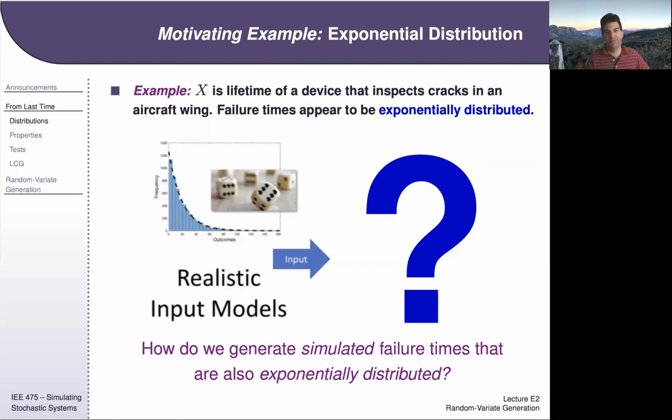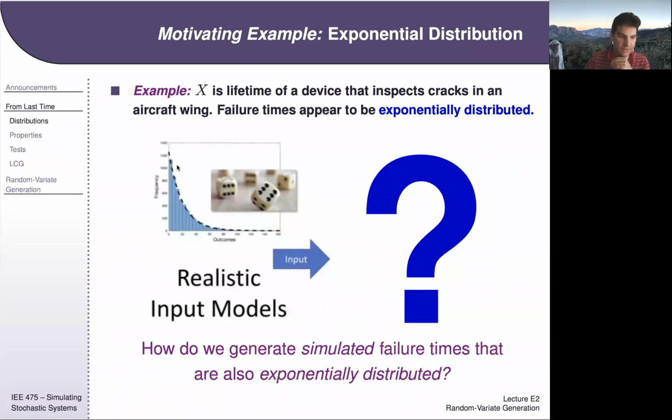And so I've built a system that, say, is simulating this process that involves something that inspects an aircraft wing. And so I need to simulate that process that inspects the aircraft wing before I can put all the other puzzle pieces together. So this is like one Lego brick in my whole castle that I'm building. And in order to get that Lego brick to work, I need a simulation for those variable times to when this machine breaks.